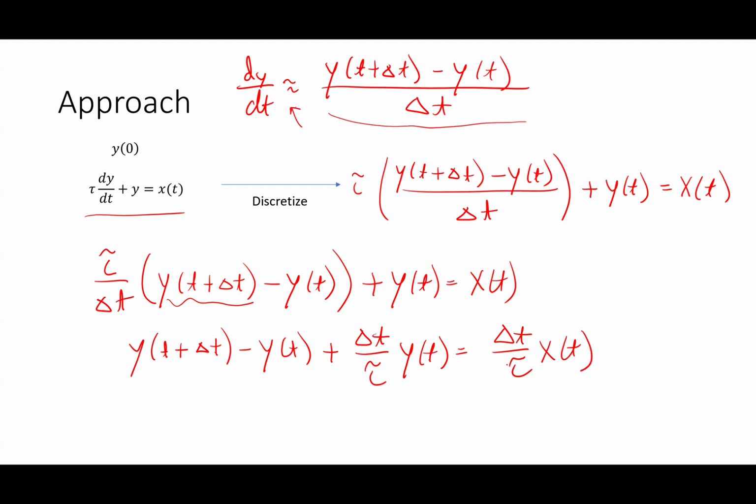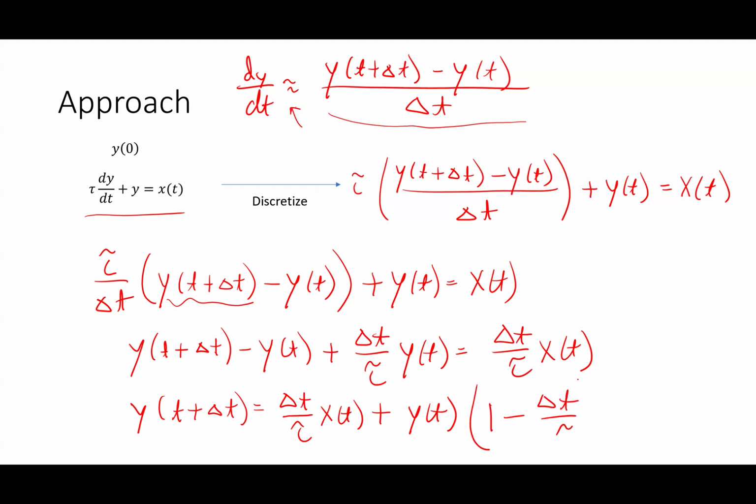Yeah, and then bring the y of t terms over. So I would get y of t plus delta t equals delta t over tau times x of t plus y of t times 1 minus delta t over tau.